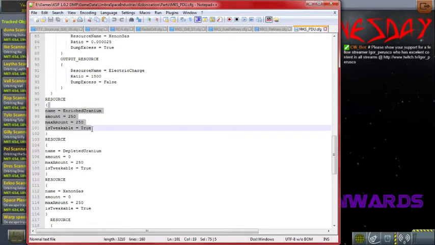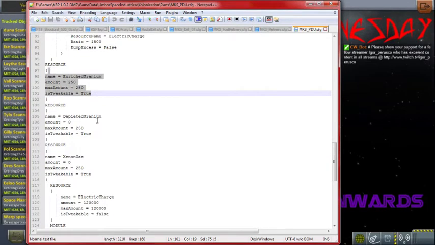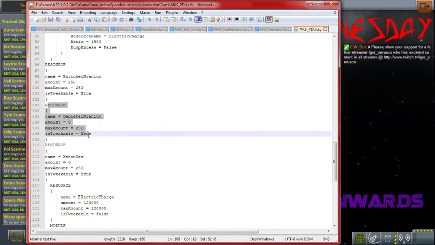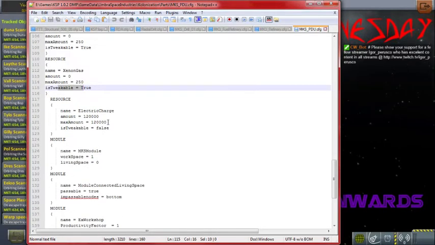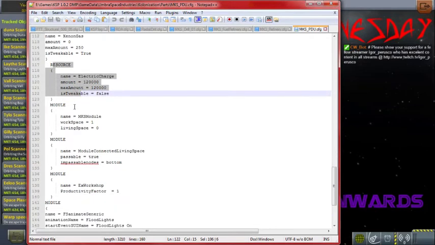Contains enriched uranium, which you can tweak. Also holds depleted uranium, which you can tweak. Also holds xenon gas, which you can tweak. Has a battery.